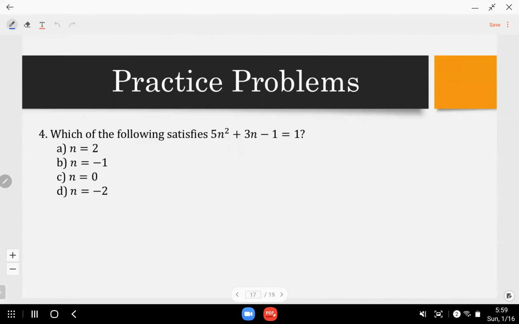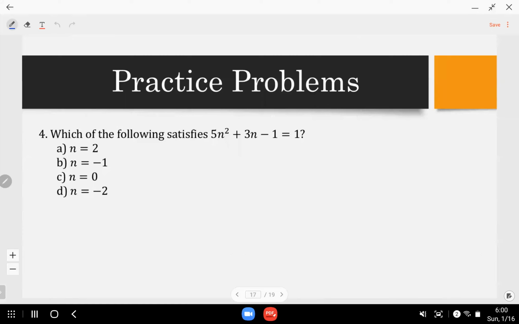There's a bigger gap between 1 and 4 than between 2 and 1, okay?